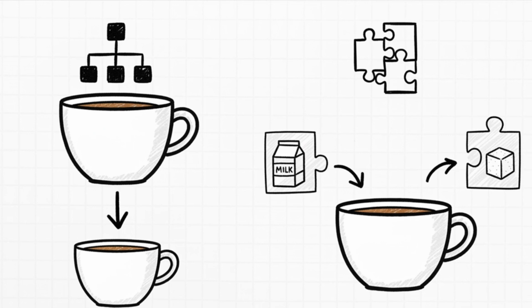You have to favor composition over inheritance. So instead of thinking in terms of "is a," like an espresso with milk is a kind of espresso, we start thinking in terms of "has a." We build bigger things by composing them out of smaller, interchangeable parts.